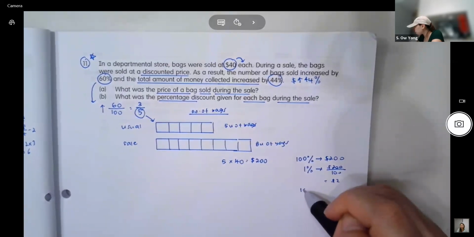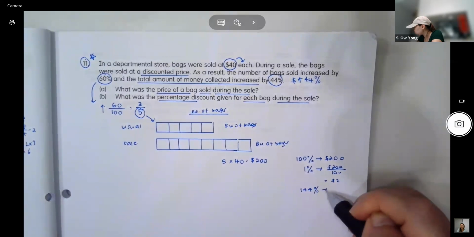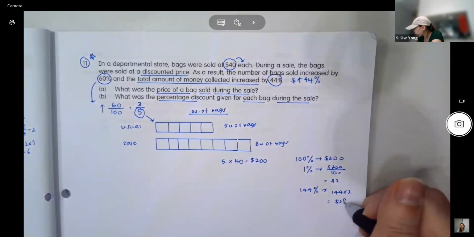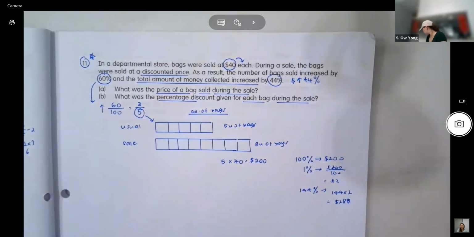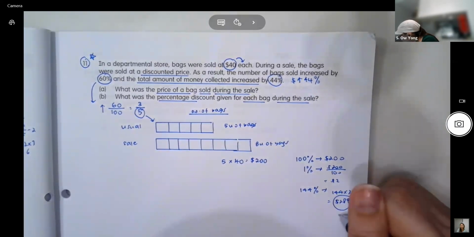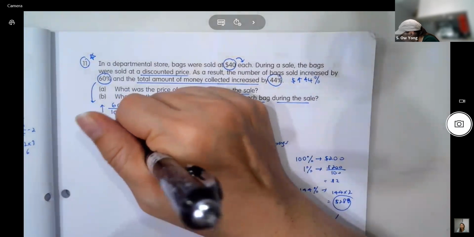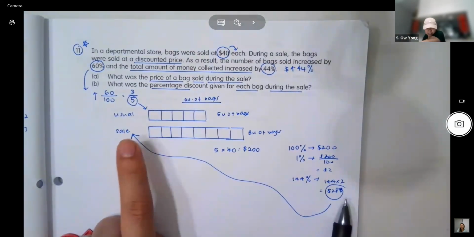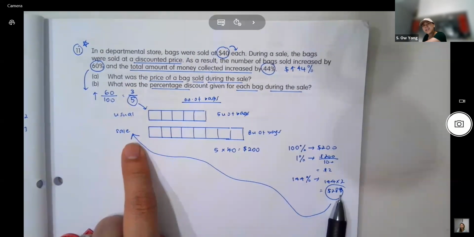So I'm going to find out, because during a sale, my sales are increased by 44%, which is 144%. Then I will get $288. This is the amount of money collected during the sale. Meaning, the amount of money that I collected during a sale is $288.